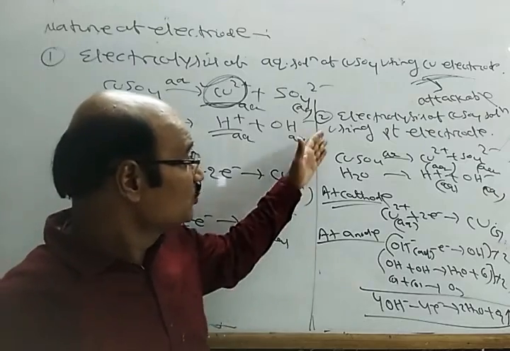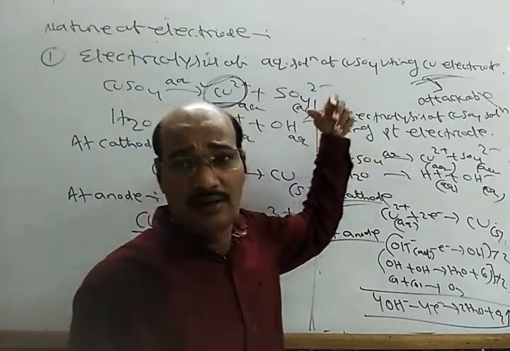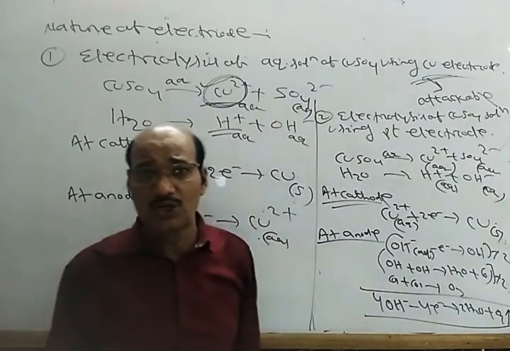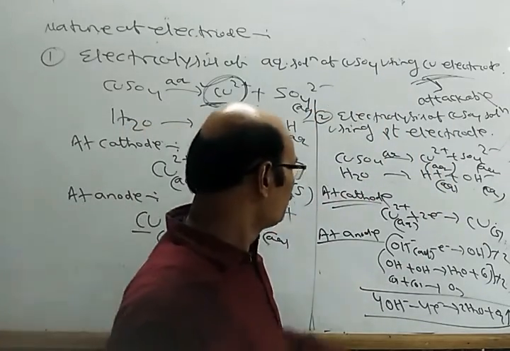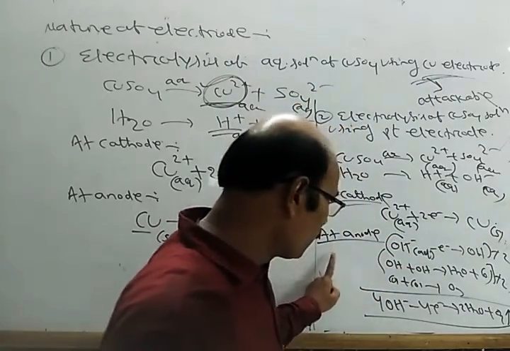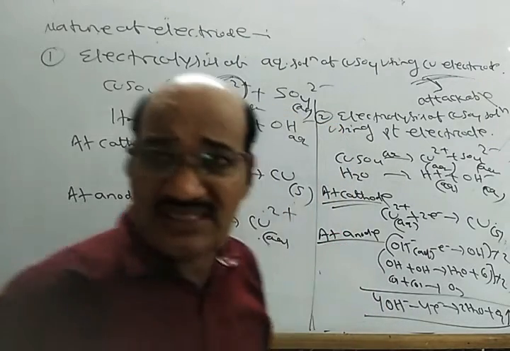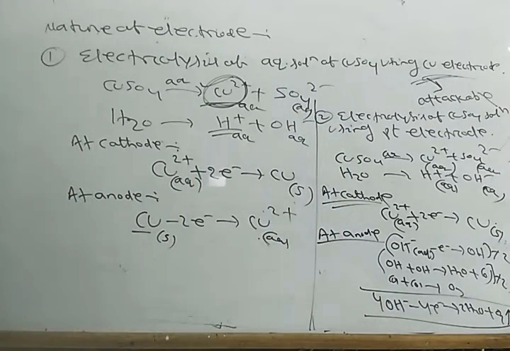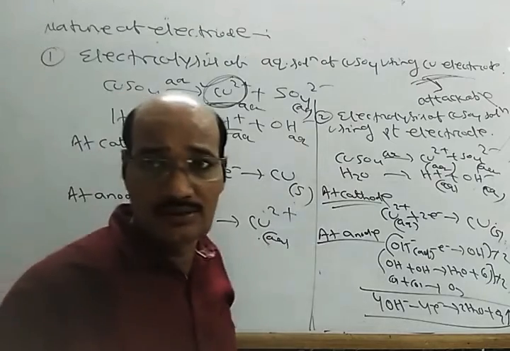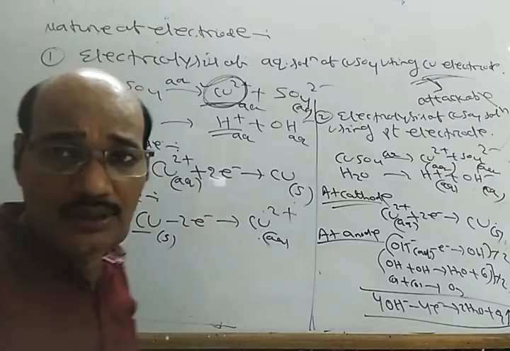Now when we do the same electrolysis using a non-attackable platinum electrode, we get copper at the cathode, but at the anode oxygen gas is liberated. Let us see an example of electrolysis of silver nitrate.